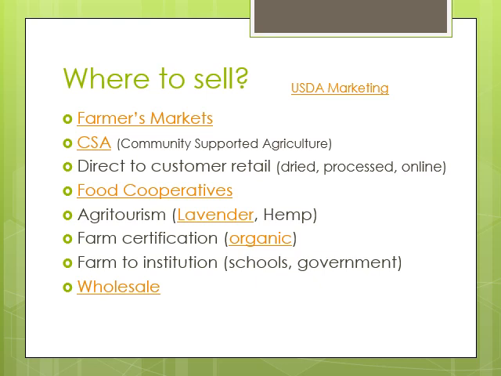So not only are you selling plants and maybe extracts, but you're also selling an experience. Then there's the organic certification. Sometimes maybe selling to institutions like hospitals or schools for food is an interesting alternative. And then, of course, lastly, there's the major avenue of wholesale, which typically requires large volumes and low costs.